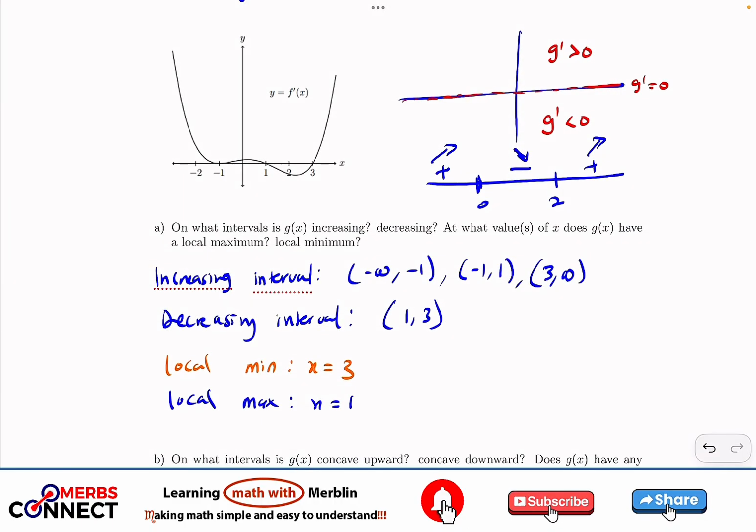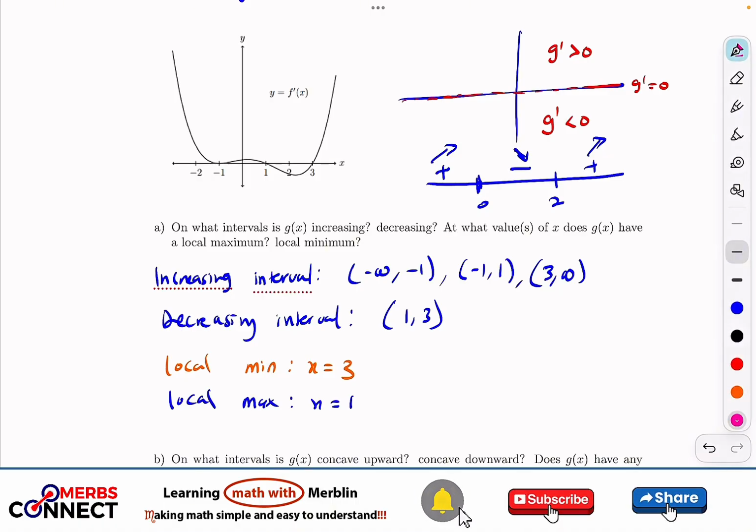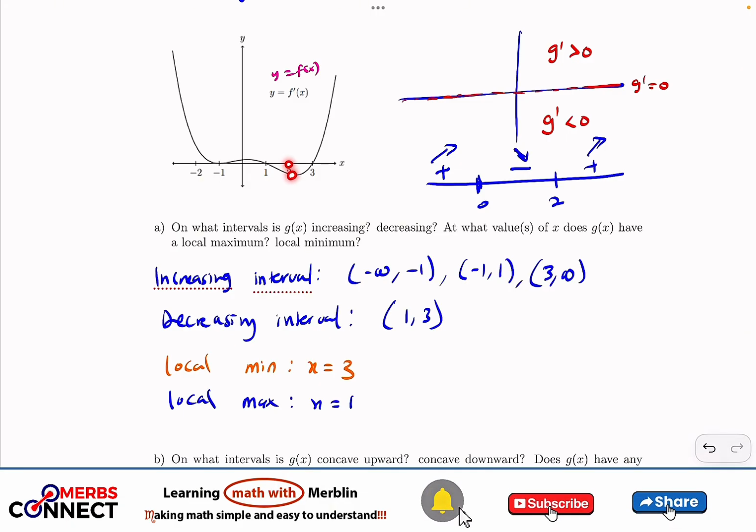Because don't forget, this is the f prime. Now let's think about this. If this one was f of x, y is equal to f of x, then if I ask you to find the critical point, you are going to tell me that that is when the function is having its maximum.